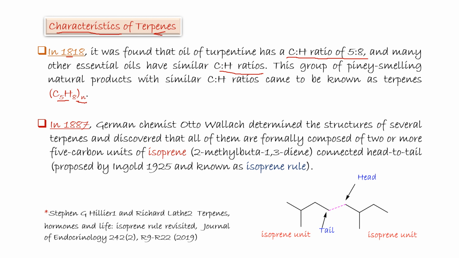In 1887, German chemist Otto Wallach determined the structures of several terpenes and discovered that all of them are formally composed of 2 or more 5-carbon units of isoprene, 2-methyl-buta-1,3-diene, connected head to tail as proposed later by Ingold in 1925, known as the isoprene rule.